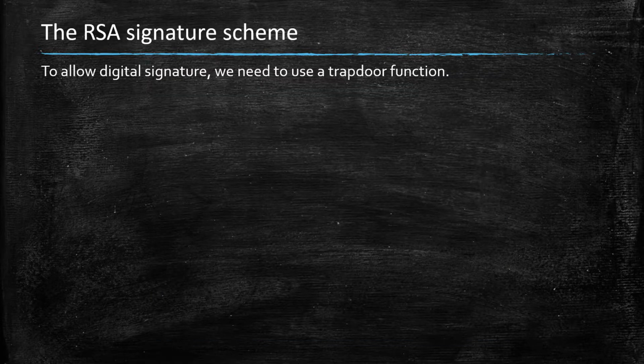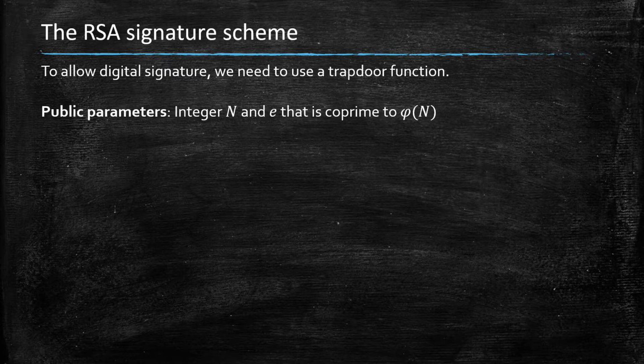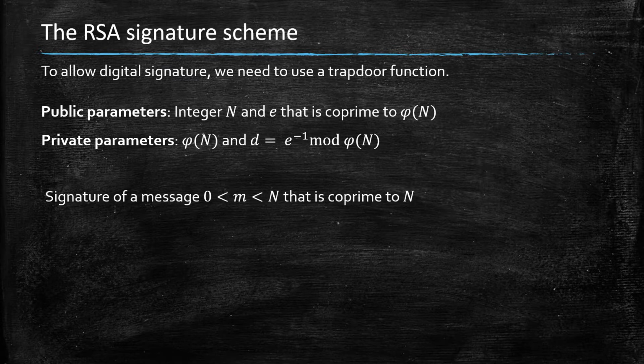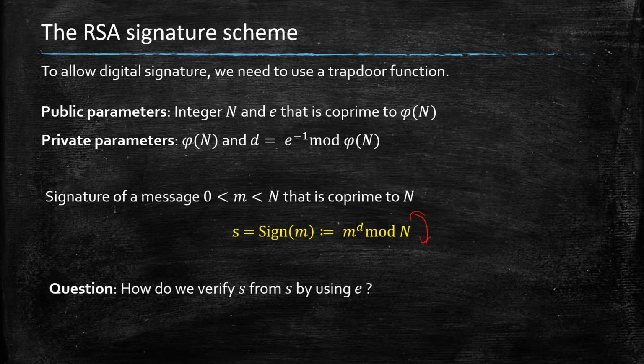So with RSA, just the same way we could encrypt, we can sign by using the same property that relies on Fermat's little theorem. Here, the signing operation is the exact opposite of encryption, meaning that we raise the message to the power of the private exponent, so m to the d mod n.